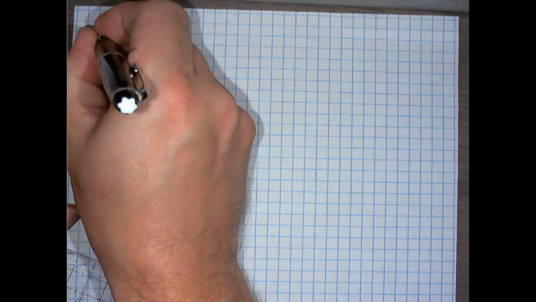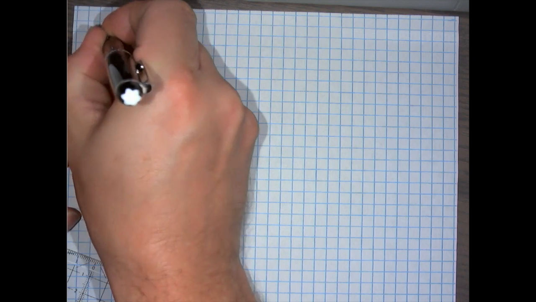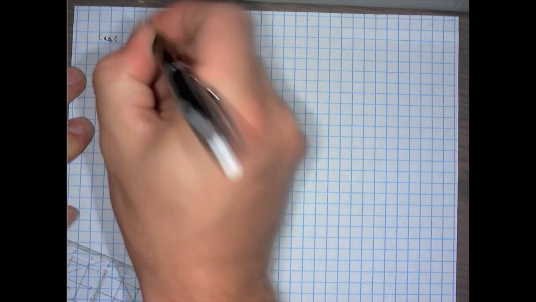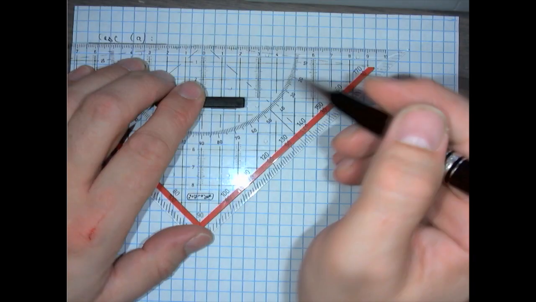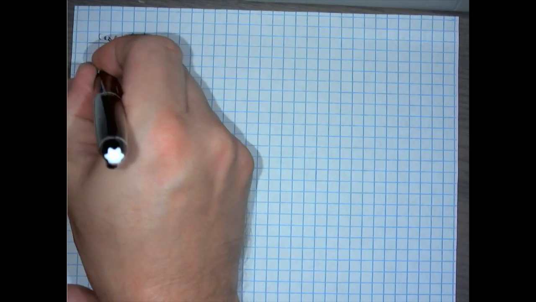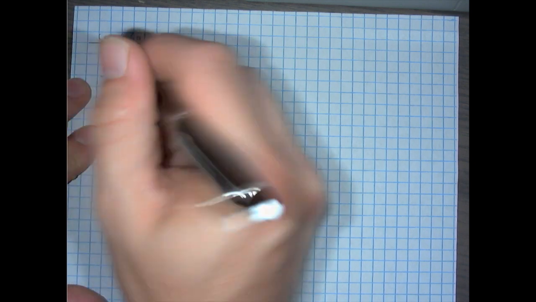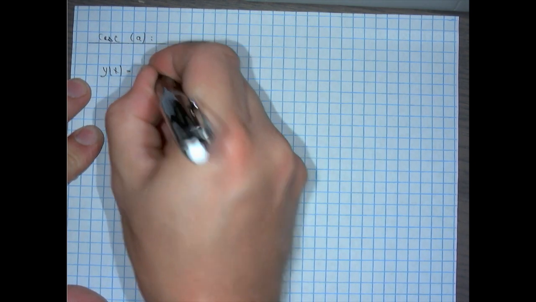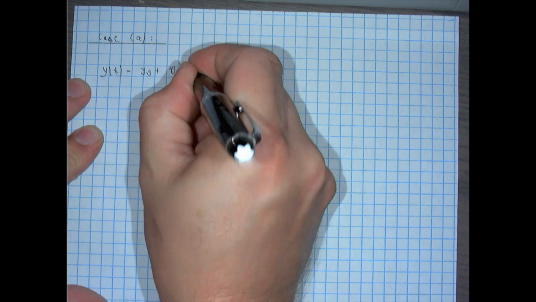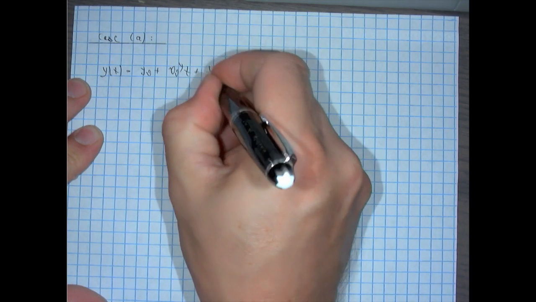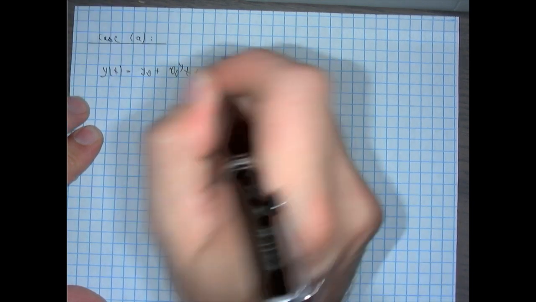So now the first part I want to do is, let's first discuss case A, where the initial velocity is 0. So let's first write down what we know about this. y of t equals y naught plus v0y t plus a half ay t squared.